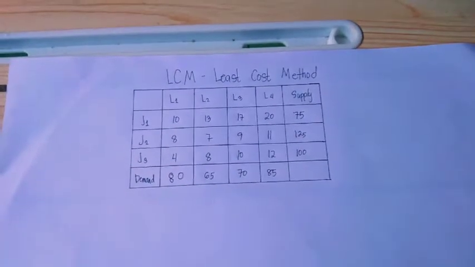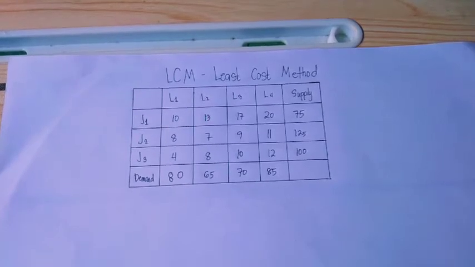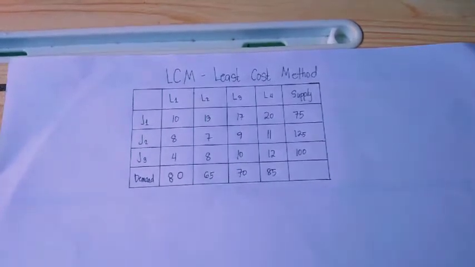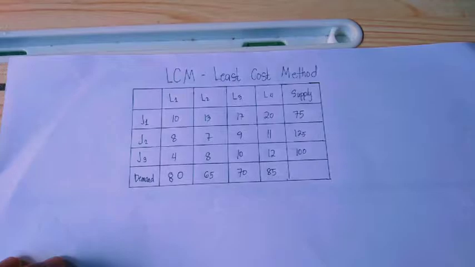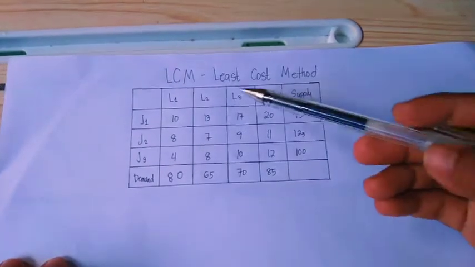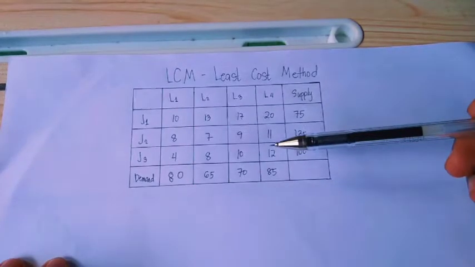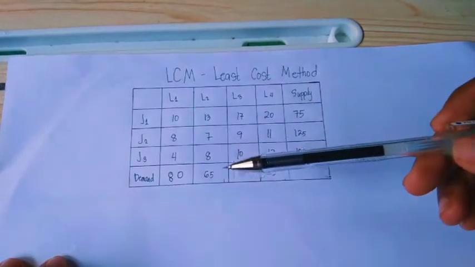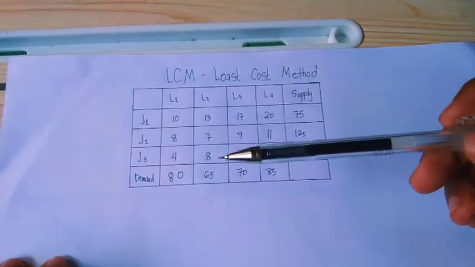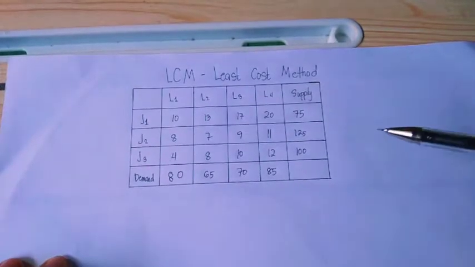The next method is the LCM. For this method, we will identify which is the least of the column to start the reduction first.